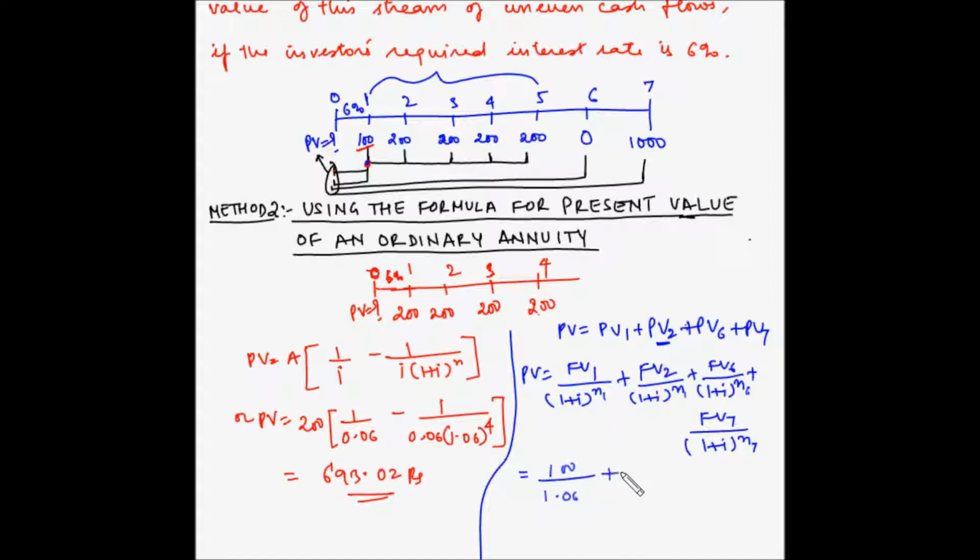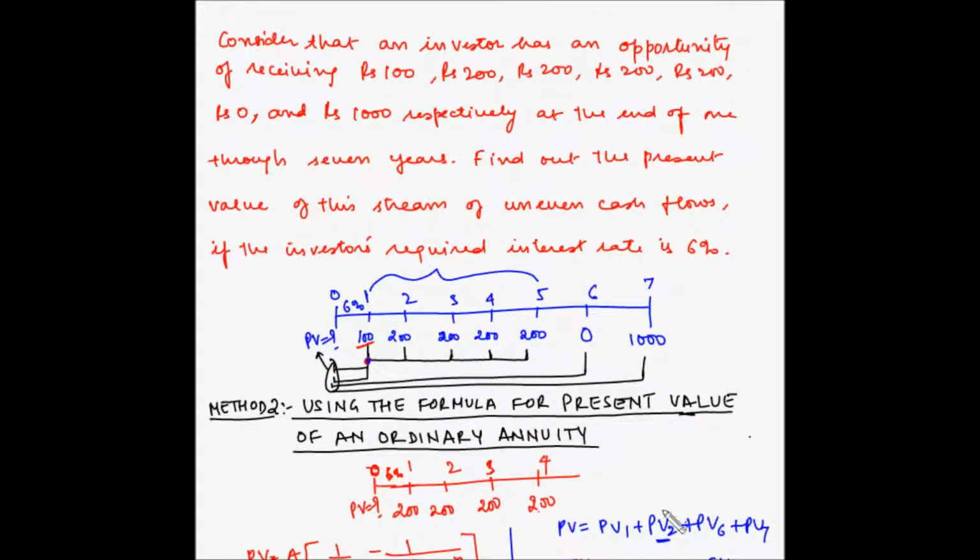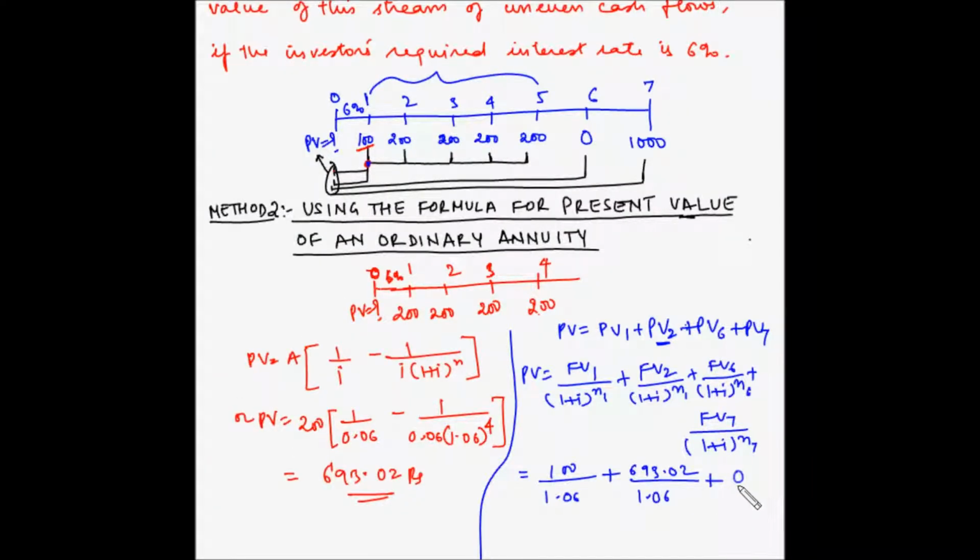FV2 is 693.02 divided by 1 plus 0.06, which is 1.06, and n1 again 1 year, so this will be as is, plus FV6 is 0, so 0 divided by anything will remain 0, so I'll leave it as it is, plus FV7 is 1000 divided by 1.06 to the power 7.